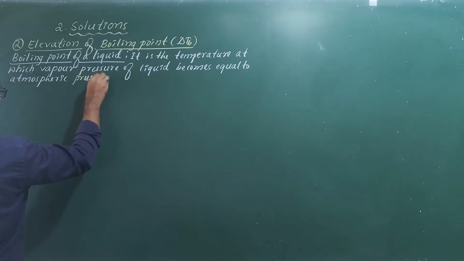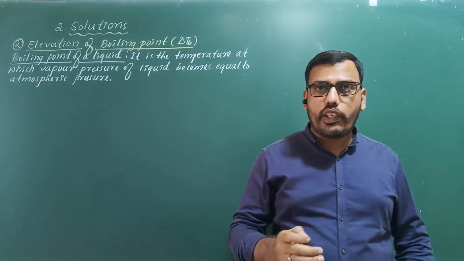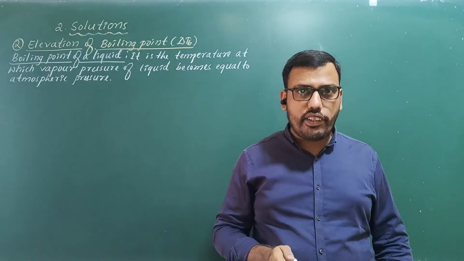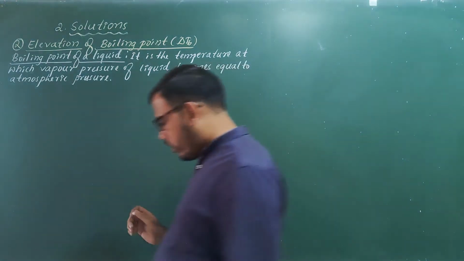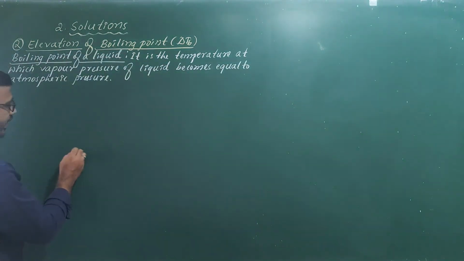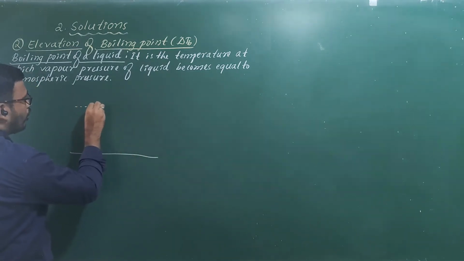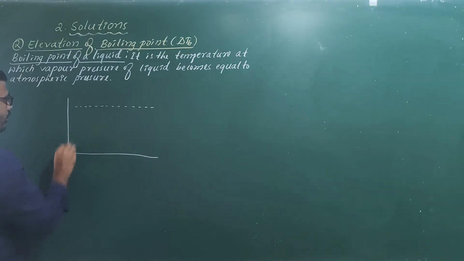I have told you this: the boiling point of a solution is more and the boiling point of pure solvent is less. How is it? Just to make you understand, later I will show you by taking the graph also. It is the vapor pressure.